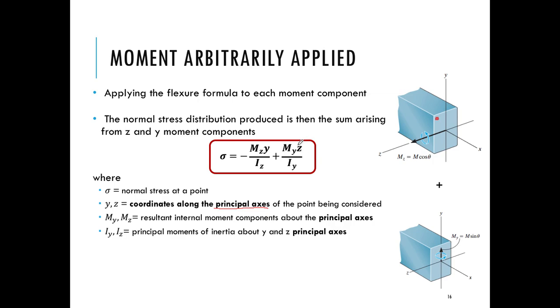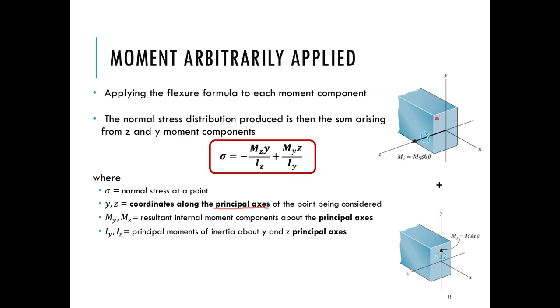And then this My and Mz are the respective components of the bending moment. And finally जो Iz है और Iy है, वो मेरा moment of inertia है about the y axis and about the z axis. ठीक.